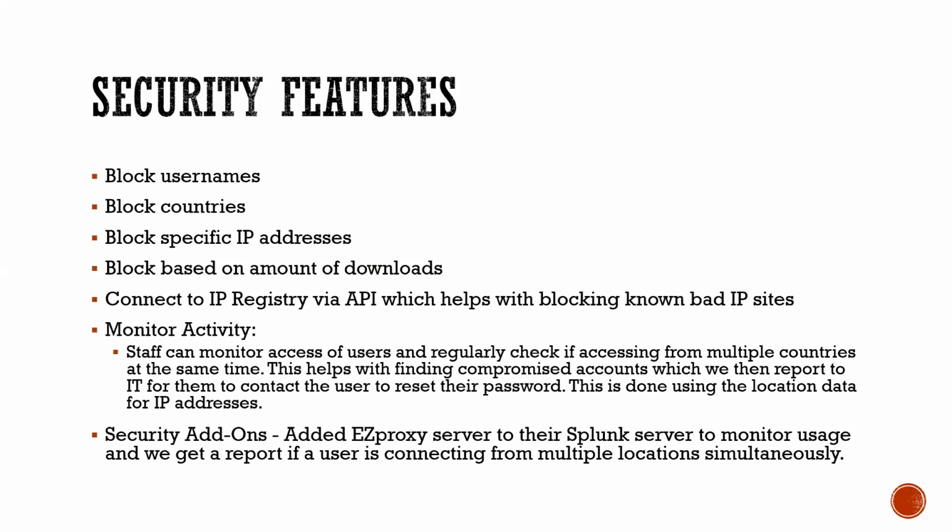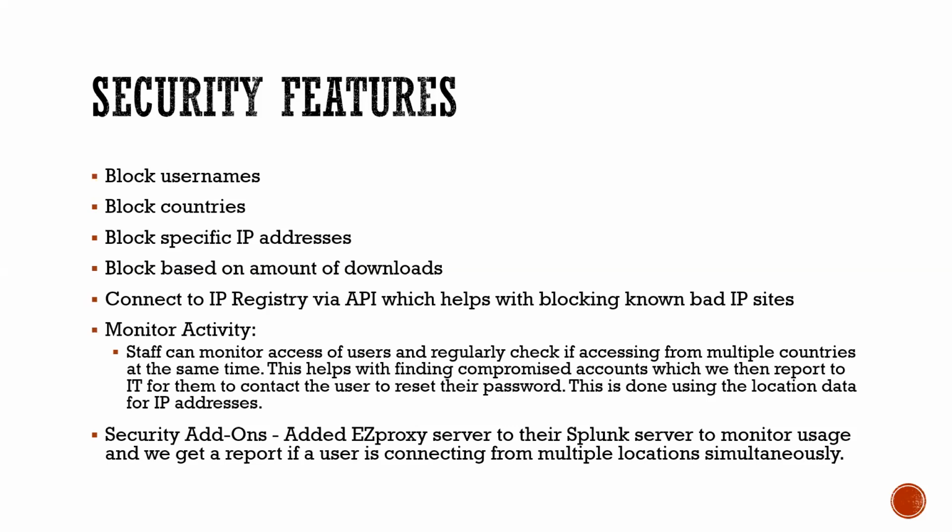You can set up limits on how much people can download before they have to take a break, basically. You can connect it to the IP registry via an API, which blocks known bad IPs. Additionally, you can go in and manually monitor where people are coming from.